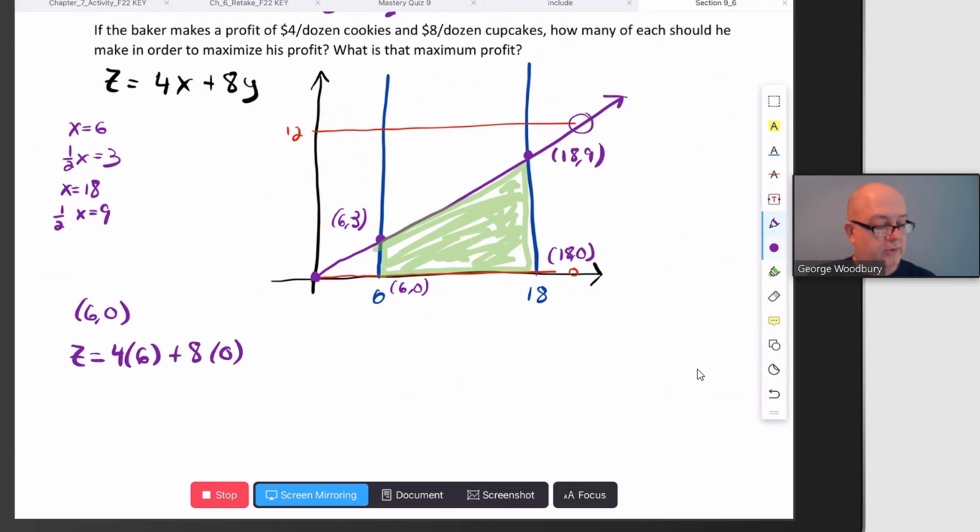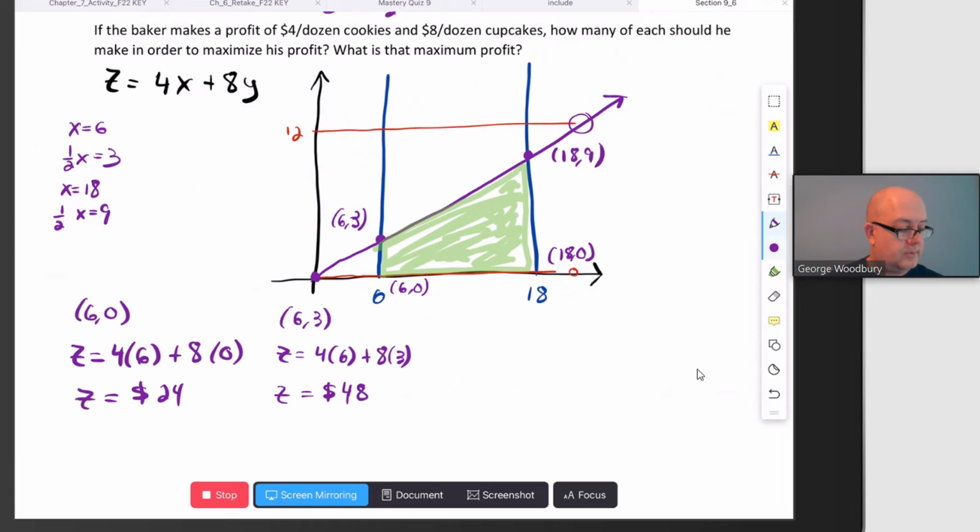That's 24 plus 0, or a $24 profit if he bakes 6 dozen cookies, and that's it. For 6, 3, that's 6 dozen cookies, 3 dozen cupcakes. That's 4 times 6 plus 8 times 3, which is 24 plus 24, or $48.